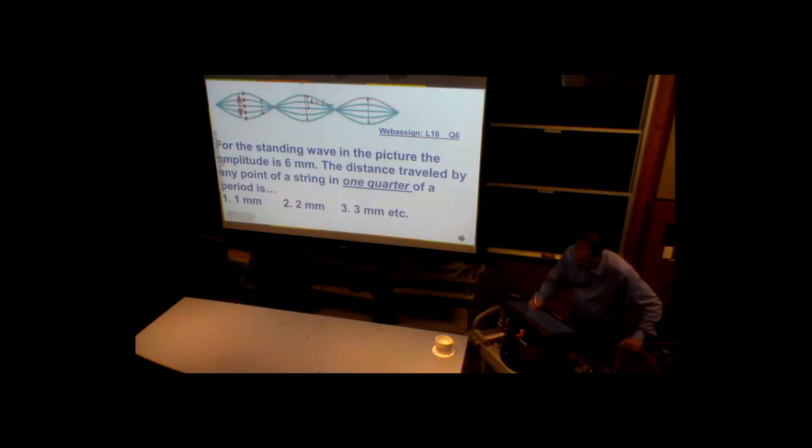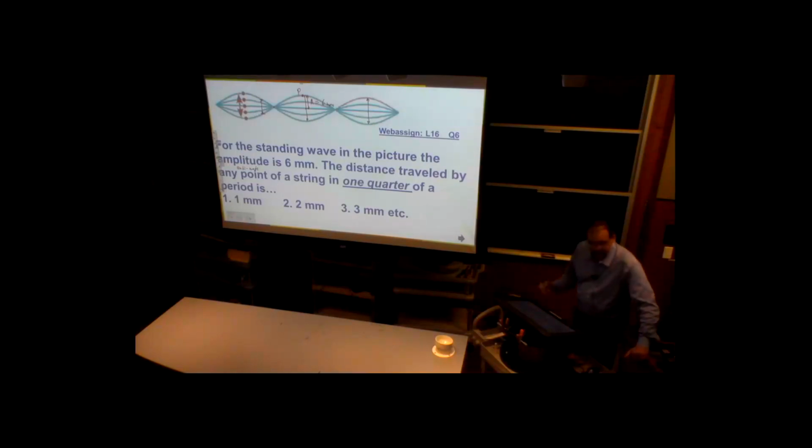Question is, if you look at any antinode point, this particular point, it moves, it travels a distance, and if you wait exactly a quarter of a period, what distance will be traveled by this point, point P?